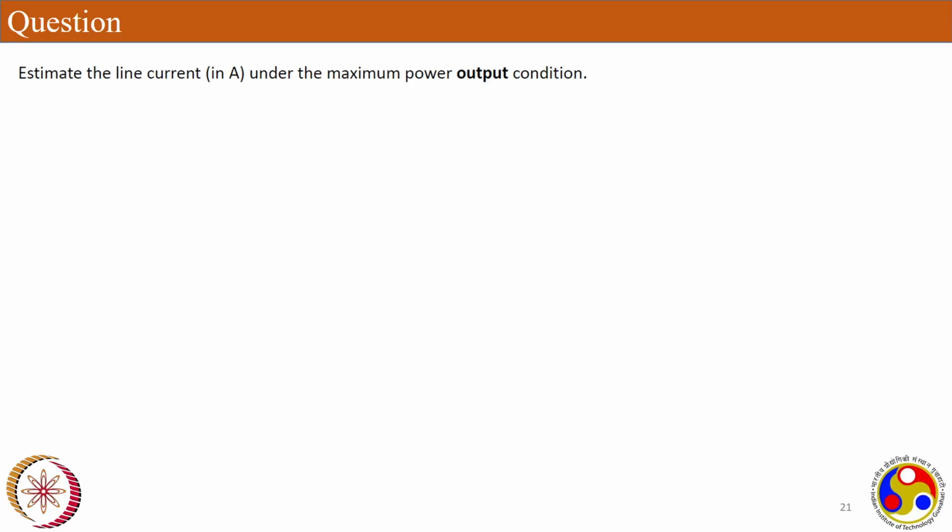Whenever you are supplying to your motor, the current is being drawn from the supply and the excitation voltage will be there at the output, the motor side. Now let's calculate the power at this condition. The same concept which we have done in the previous power input condition. So I'm just drawing the circuit here.